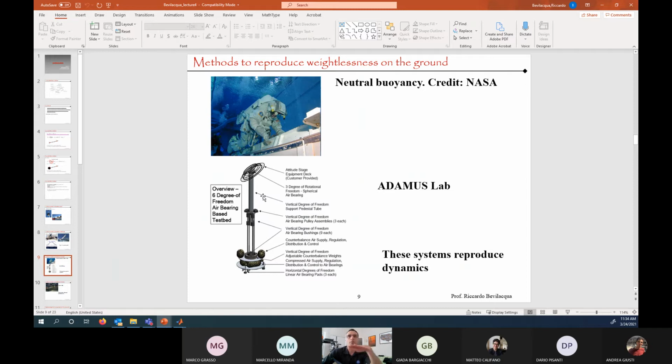So it kind of floats when you activate these pulleys, which are also air bearing driven. There are some videos online of experiments using this, and I can probably show them to you if I find them. But it's extremely difficult to run. If I actually had to build it again, I don't know that I would go this route. It's a lot of moving parts. But it's a lot of fun as well.